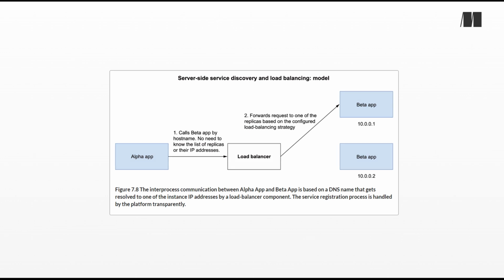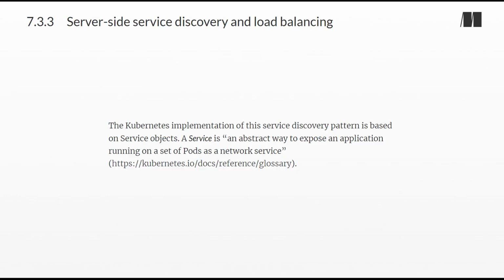Figure 7.8. The interprocess communication between Alpha App and Beta App is based on a DNS name that gets resolved to one of the instance IP addresses by a load balancer component. The service registration process is handled by the platform transparently. The Kubernetes implementation of this service discovery pattern is based on service objects.